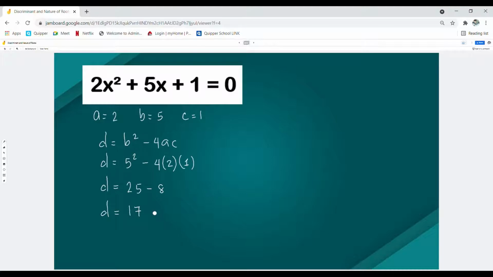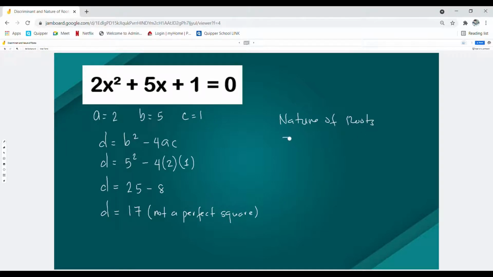So 17 is positive but not a perfect square. Alright, so it's different from the first example. It's not a perfect square. So what is the nature of the roots of this equation?